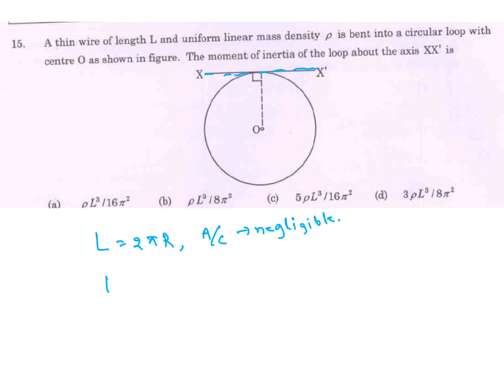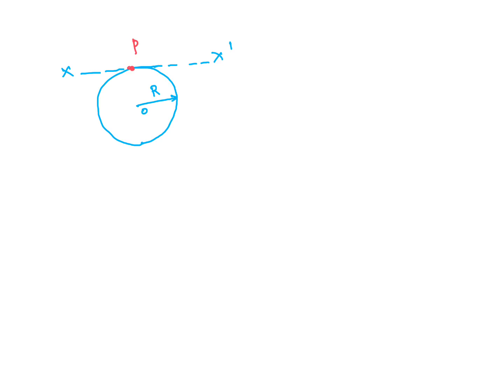And we know along CG, if we calculate moment of inertia of thin wire, it will come pi r cube into T. And for ring, we know mass moment of inertia at O is mr square by 2.